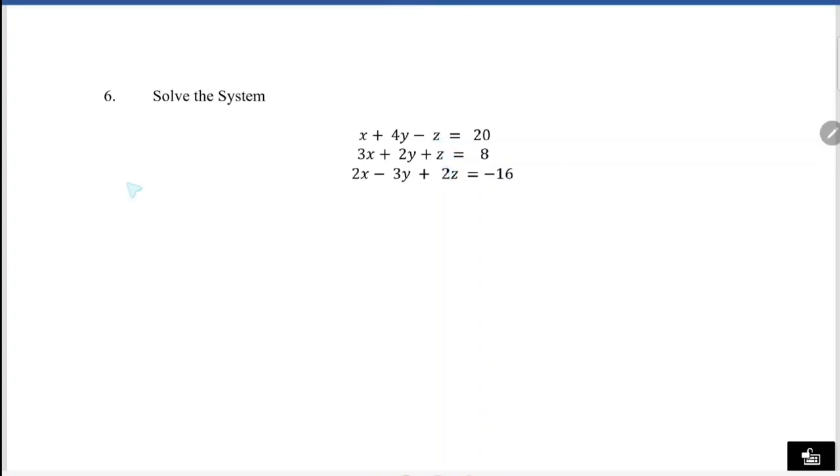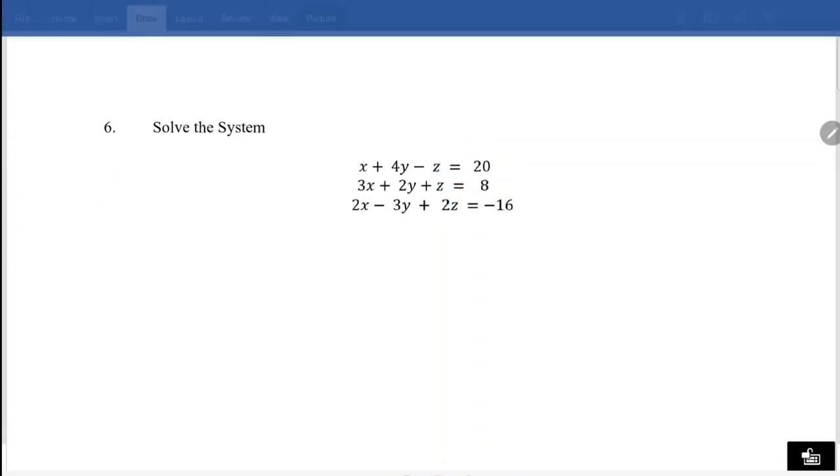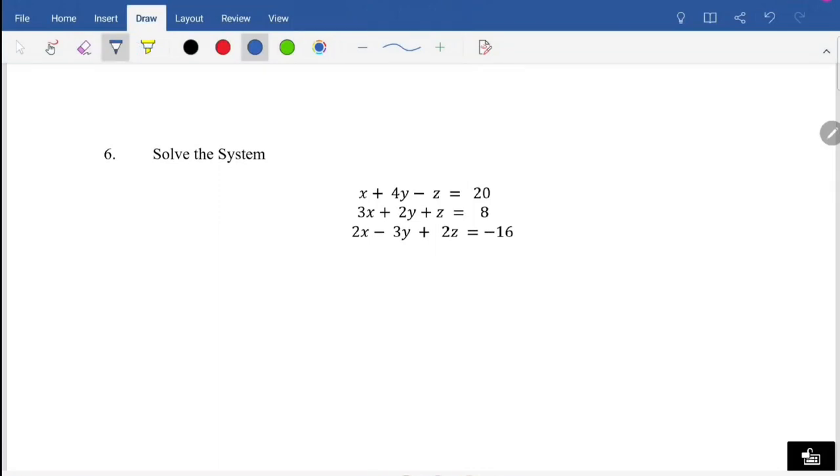So as the first step, let me pull up my pen. We have x plus 4y minus z equals 20. And then I'm going to pick the first and the second equations. And we have 3x plus 2y plus z equals 8.